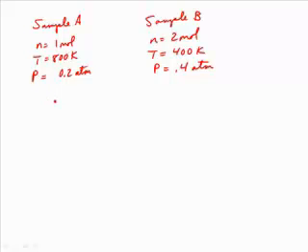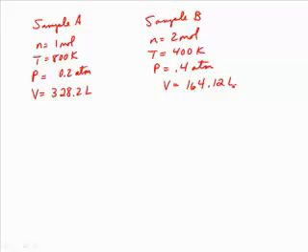If we use PV = nRT, so I get a volume of 328.2 liters for A, and for B, I get a volume of 164.12 liters. Okay, that's just from using PV = nRT.